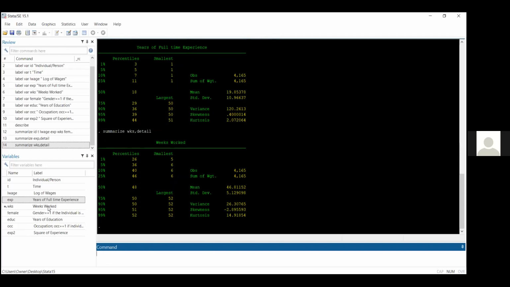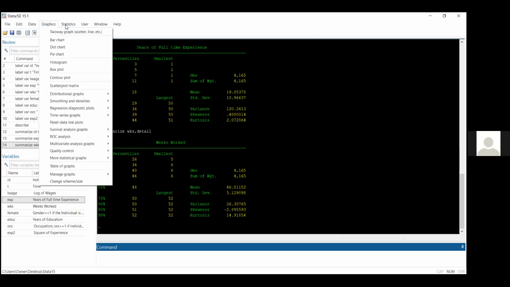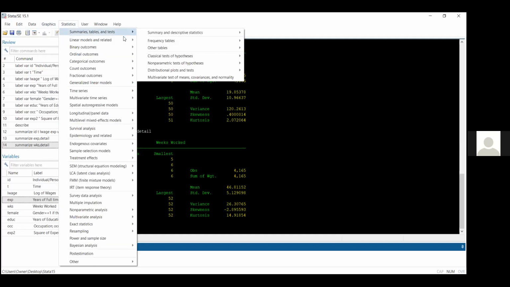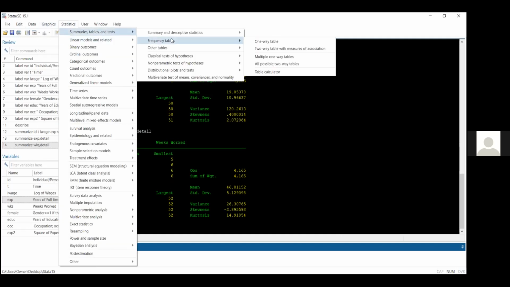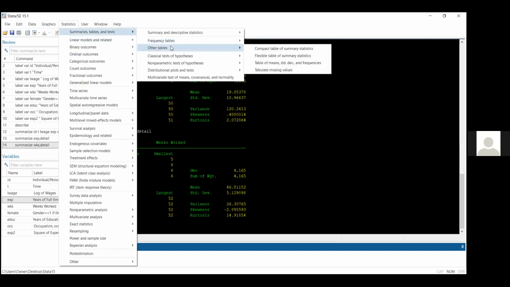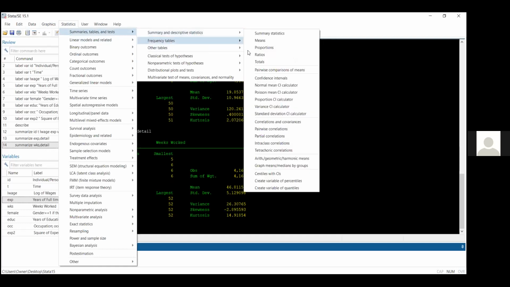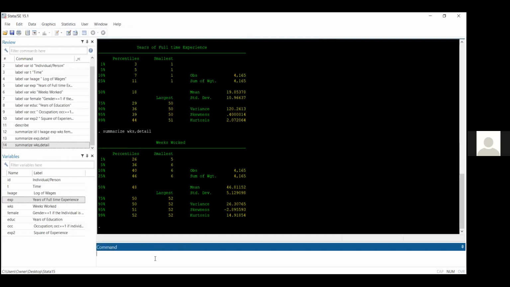Now we can also go ahead and play around with some tabulations, like people always want to see in terms of distribution. Again, you just come to statistics. You can come to tables. You want frequency tables, you want other tables, some other statistics. You could do all these things depending on what you want to do. Let me just do one small thing people always like to show.